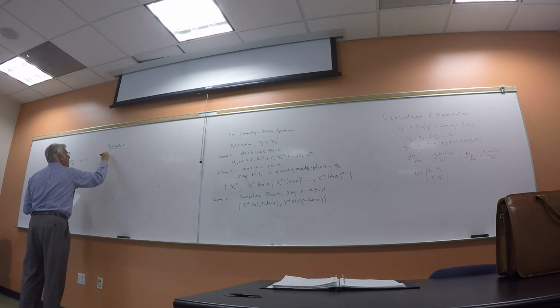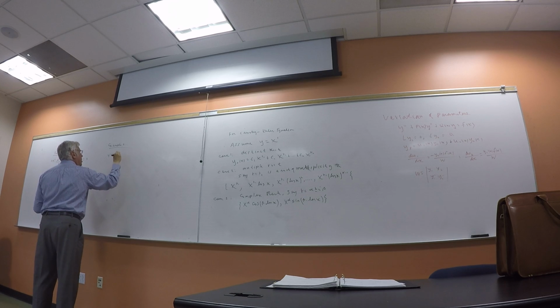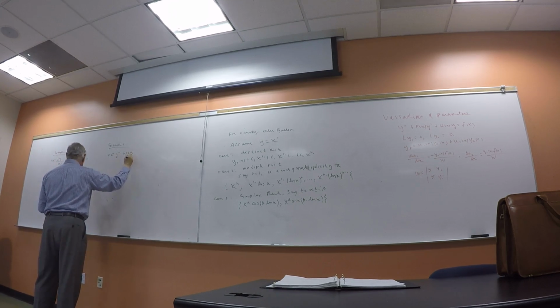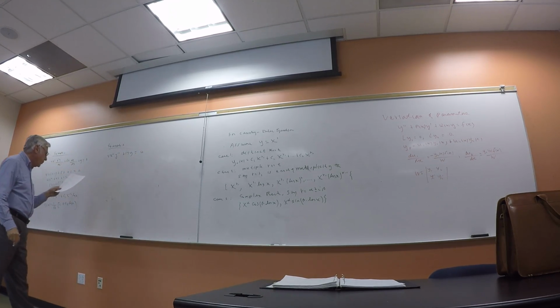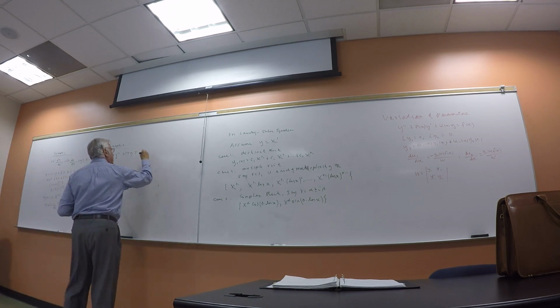Okay, 4x squared times the second derivative of y with respect to x, plus 17y equals 0. I remember this one. So you got 4x squared y double prime plus 17y equals 0. And this actually is an initial value problem.